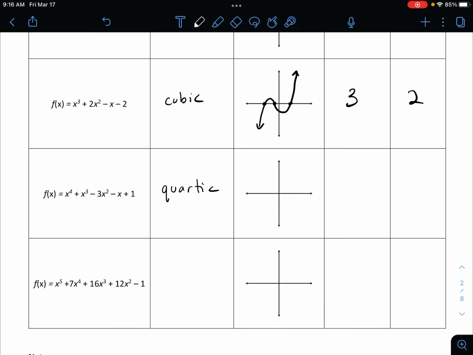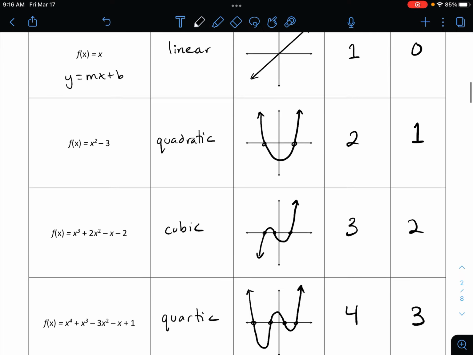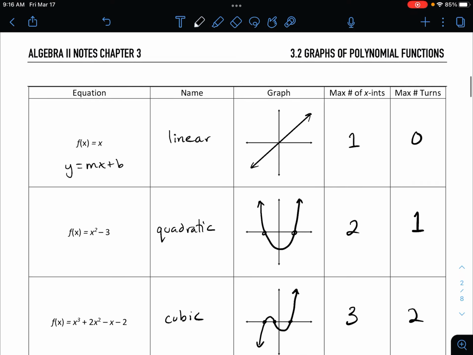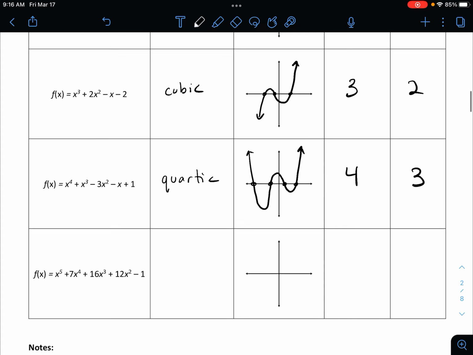And a quartic function, the one that I graphed on Desmos, looks something like this. All right, so give that a shot. And there are 1, 2, 3, 4 x-intercepts, and we have 3 turns. You've probably noticed a pattern by now with the relationship between the max number of x-intercepts and the max number of turns.